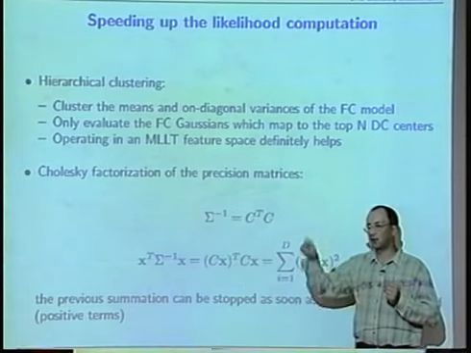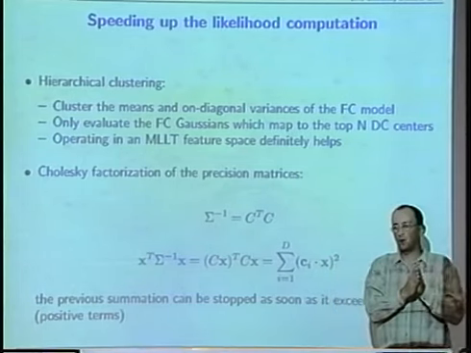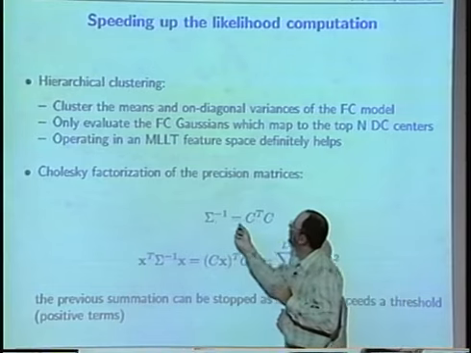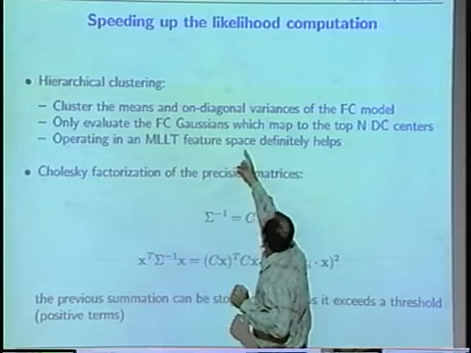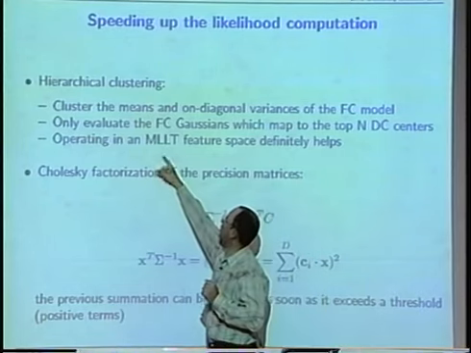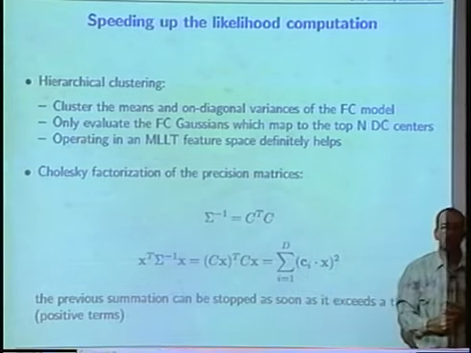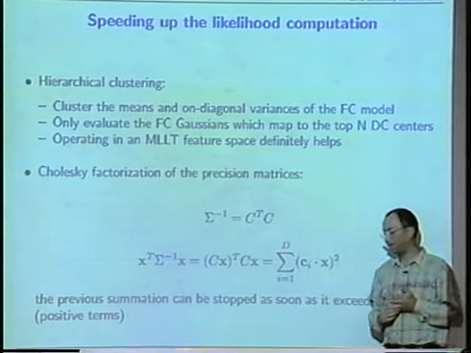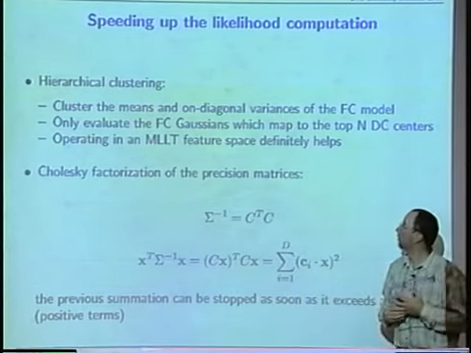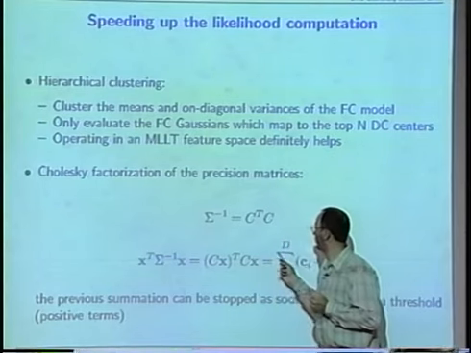So you evaluate all the clusters at each time frame and then select the top n, say 100, and then evaluate only those Gaussians which map to one of those clusters. It's important because here we use only the on-diagonal variances, where the top level is given by a diagonal covariance model. So it's important to operate in an MLLT feature space, or in a feature space where the covariances are mostly diagonal anyway. And the second idea that we used is the Cholesky factorization of the precision matrices.